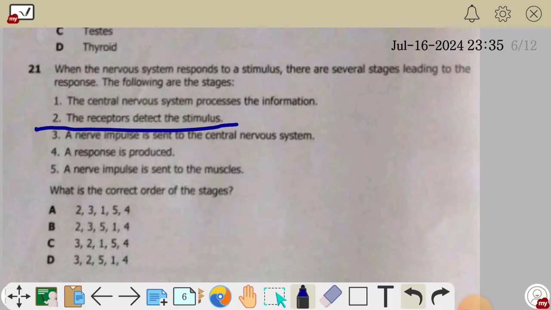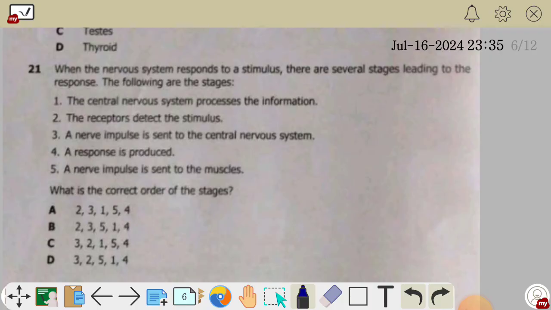The receptors detect the stimulus. 3. A nerve impulse is sent to the central nervous system. 4. A response is produced. 5. A nerve impulse is sent to the muscle. What is the correct order of the stages?